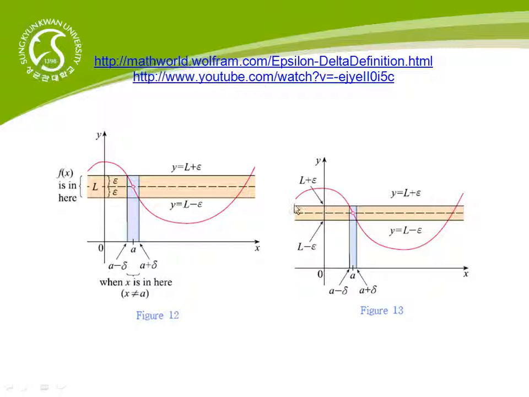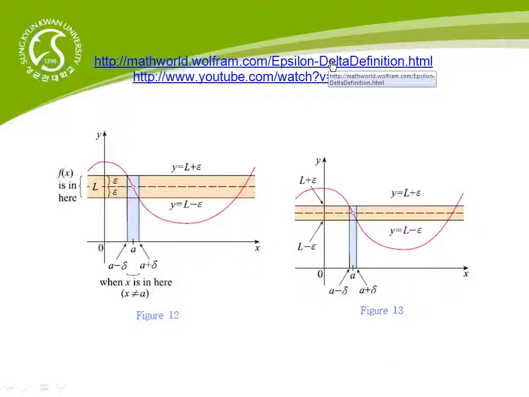So the epsilon is this bar, the same meaning. For arbitrarily chosen epsilon, if we can find the delta that makes this box contain the function f, then we call this value, L, a limit of the function f at x equal to A. This is the same function.